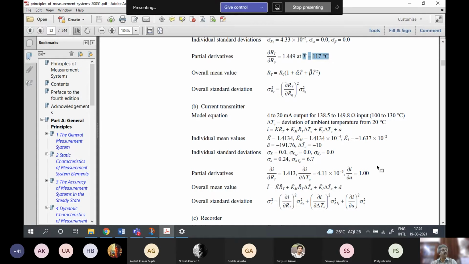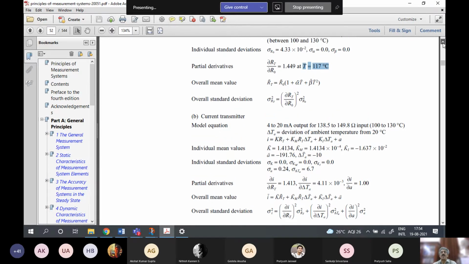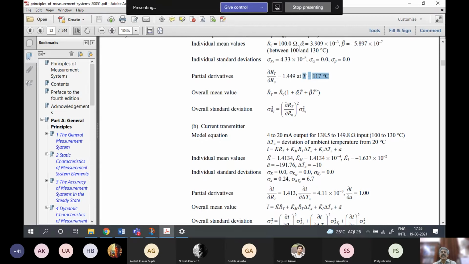So we are trying to see what is peculiar about 117 degrees centigrade. I cannot imagine, but there is some range of measurements that it is considering, and probably 117 is around the middle of the range. So between 100 and 130 degrees centigrade, this measurement is supposed to be made. This instrument for some reason is being designed for variation between 100 and 130 degrees centigrade. So they have taken a point 117. Why 117? Why not 115? I don't know.